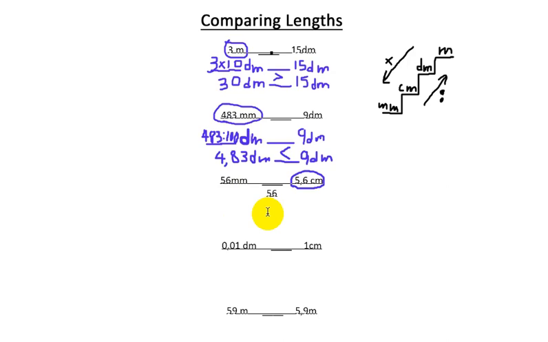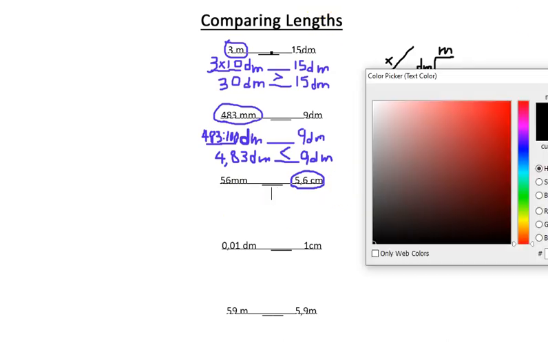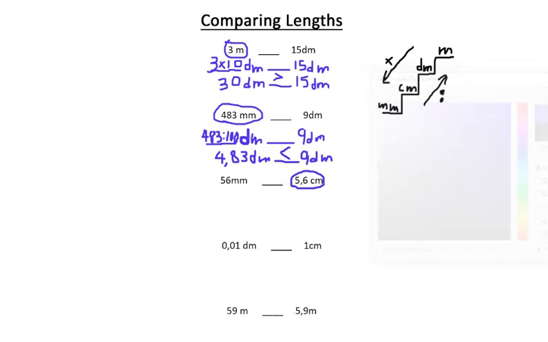All right, 56 millimeters on one side. Then the comparison line. And then I'm going to write the calculation that we need to do.